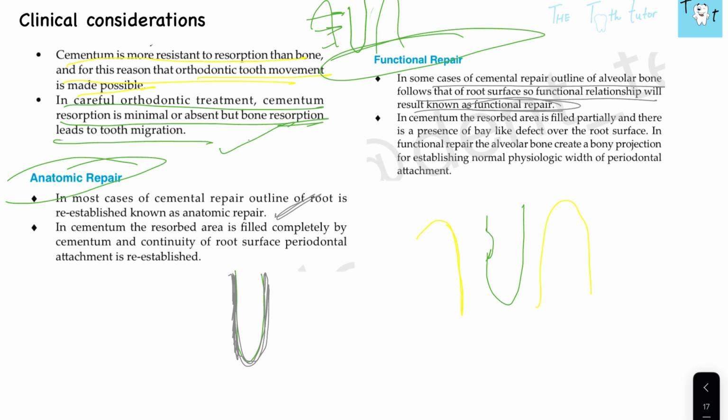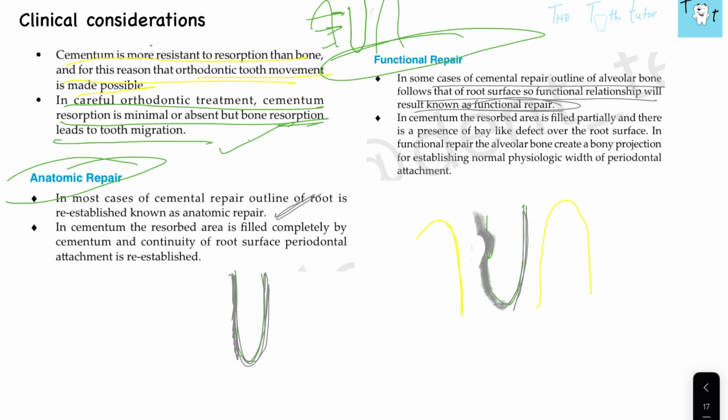The new cementum that will be formed won't follow the outline of the tooth. There will be more cementum deposition over here to reestablish the function. It will have this type of cementum. So it won't follow the outline of the tooth. It will have cementum formed in this way to support the function of the tooth.